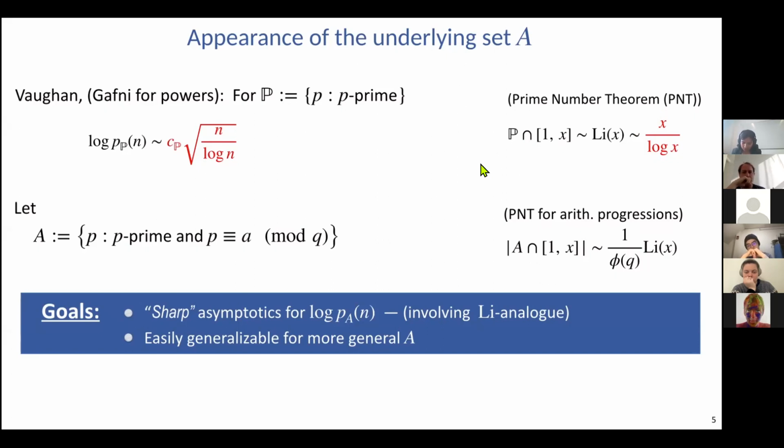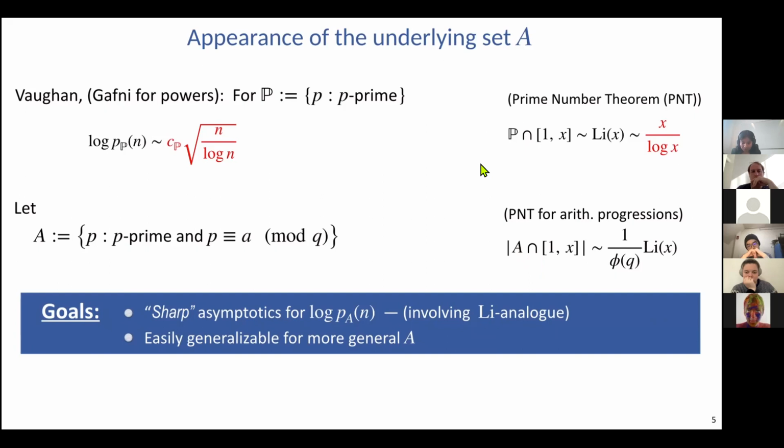So the goal here is to study the generalized version, in the sense that now we will partition into primes which are congruent to a mod q. So these are primes in a fixed residue class. And the prime number theorem for arithmetic progressions tells us that about 1 over φ(q) times the total number of primes are there in this set.